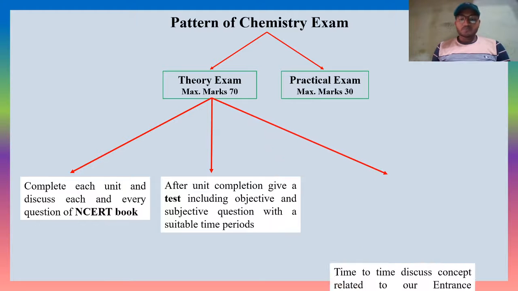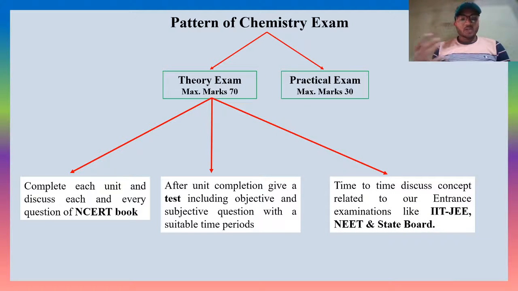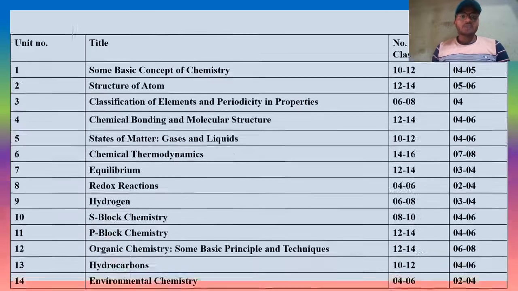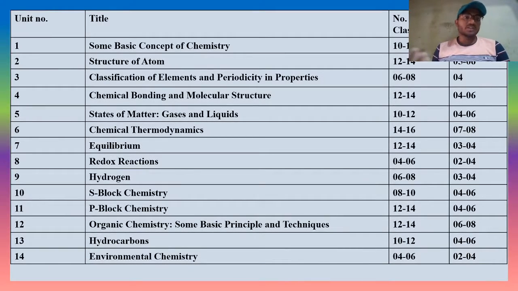Next, from time to time we will discuss concepts related to entrance exams like IIT JEE, NEET and State Board. If you have any doubt, we can clarify your doubts from time to time. Now we cover the syllabus of our 11th class chemistry.